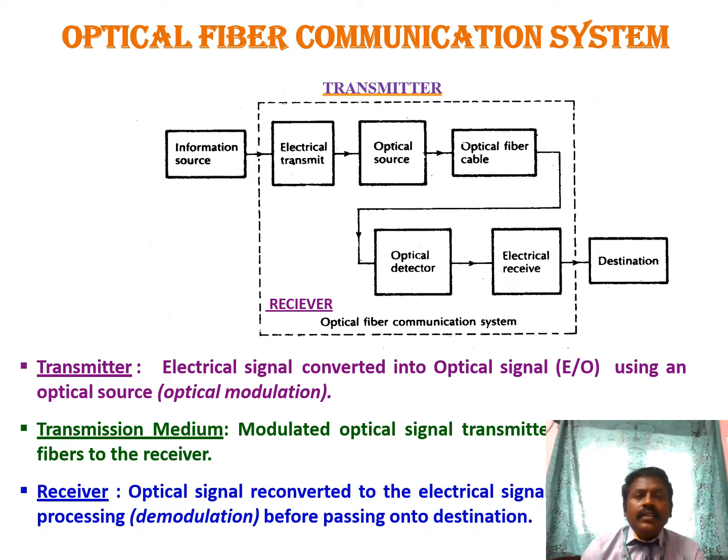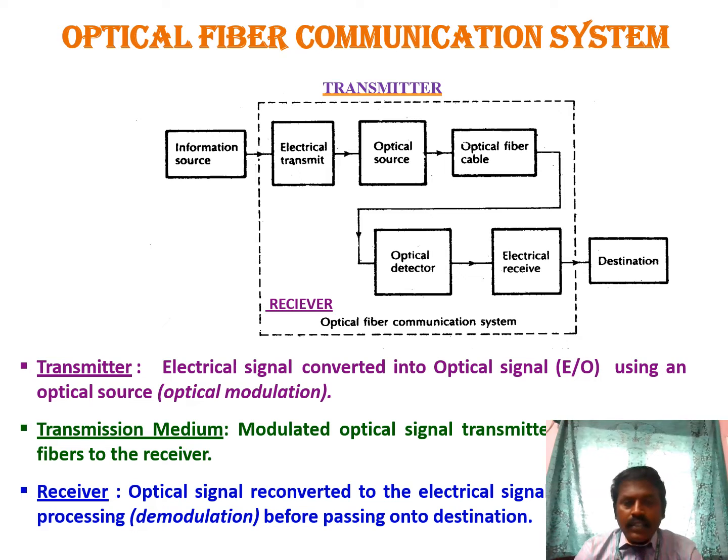Then you can see the basic optical fiber communication system. We know that communication takes place between transmitter and receiver with a simple block diagram, but for optical fiber communication, we need some extra components added in between. In the optical fiber communication system, we have the transmitter side and the receiver side.